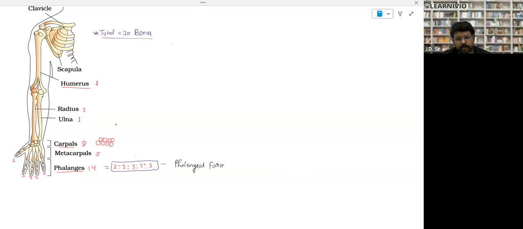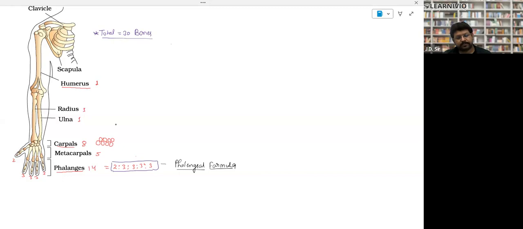So first point, there are 30 bones in hand or arm. Sorry, there are 30 bones in arms.